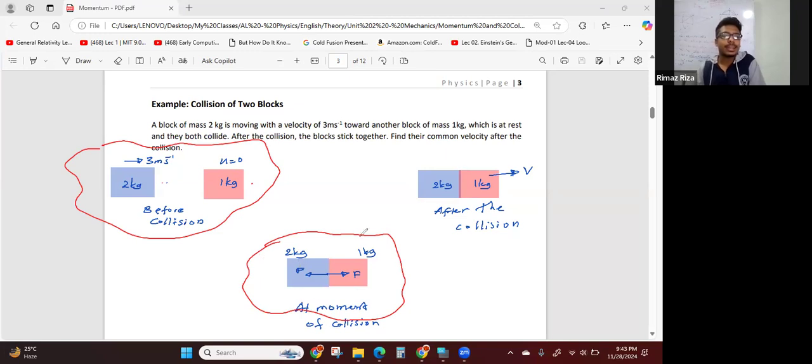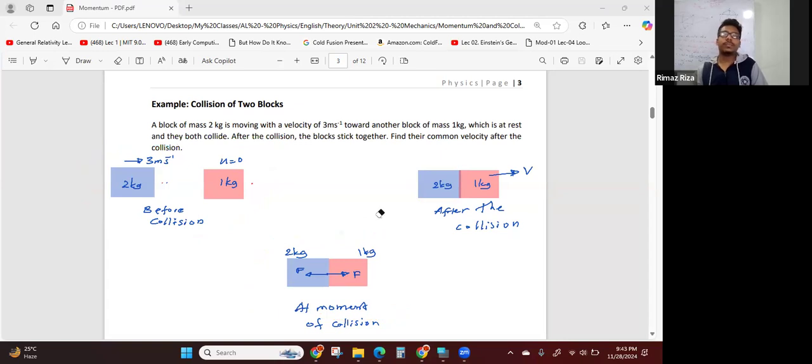It is only an internal force to the system. If you consider the system, there is no external force acting on it in the horizontal direction. Therefore, we can apply it to the system.